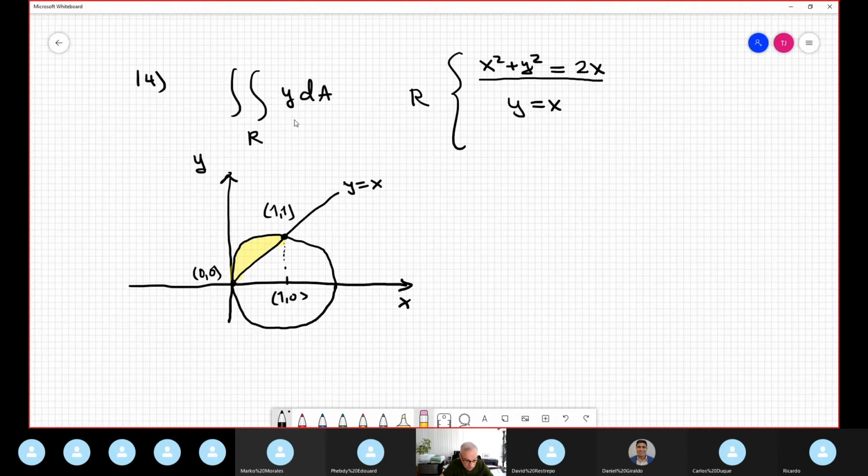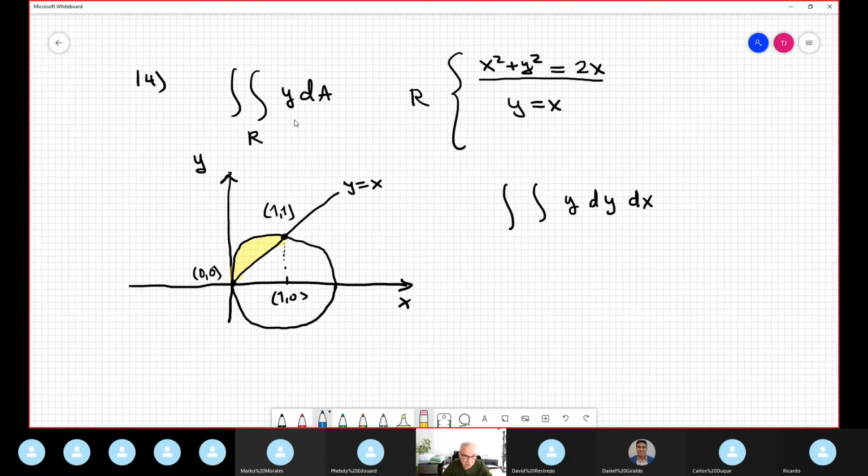The Cartesian is, for example, a double integral. I put the integrand y. I make a decision: integration first with respect to y and then x, in this order. In this case, it doesn't matter what order, and there's no specification.